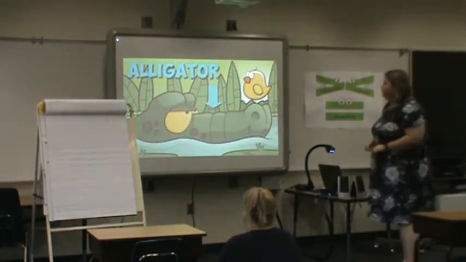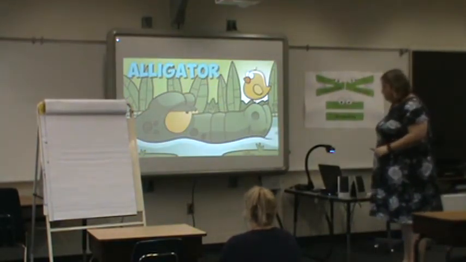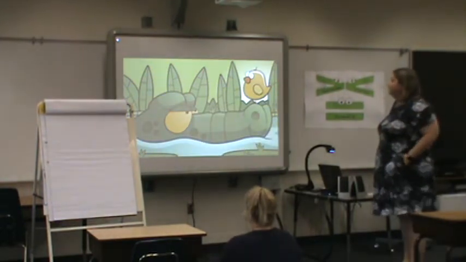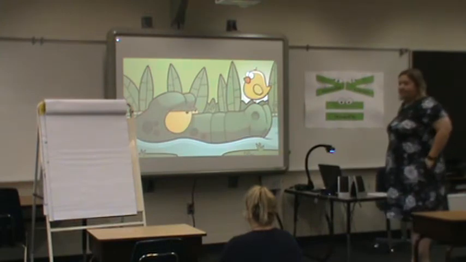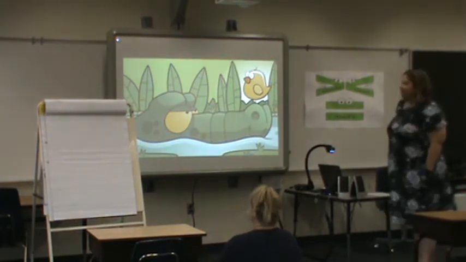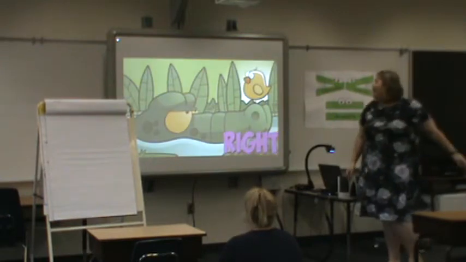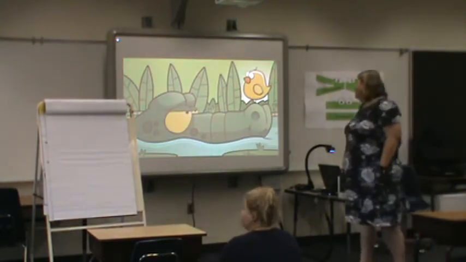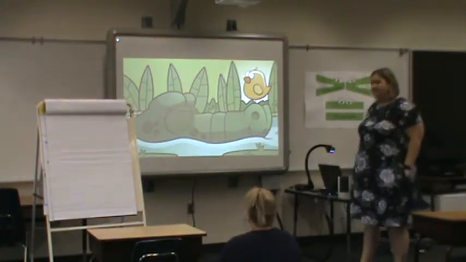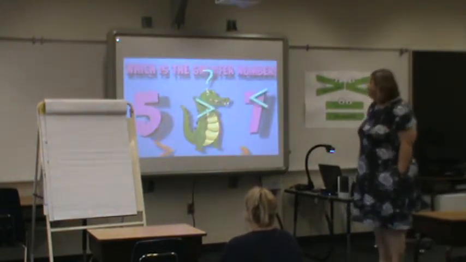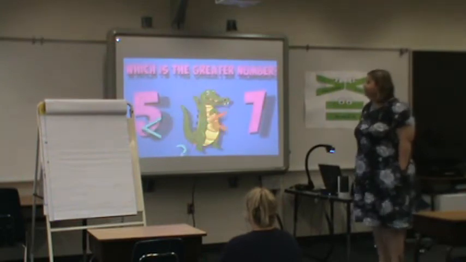Alligator, alligator, in the mood for food. Alligator, alligator, now he's a hungry dude. Looks for something on his left side, looks for something on his right. Alligator wants the biggest meal every day and every night. What's the biggest number? I'll give the greatest number. I'll open my mouth for the greatest number.